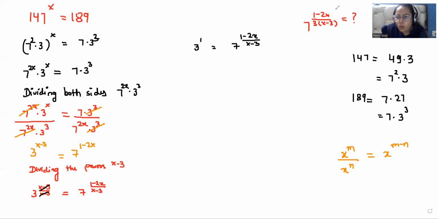So as we can see what we have to find, we already found 7 power (1 minus 2x) over (x minus 3). So only this 3 is left. So we have to multiply the power 1 by 3 on both sides.